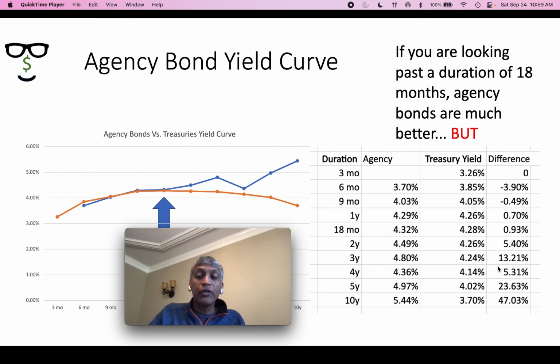And the inversion shows how agency bonds and their advantage go from a 13% difference to only a 5% because of the inversion that happens. And so you may look at this and say, I know exactly what to do. I should buy every agency bond with a duration of 18 months or greater that I can get my hands on. Kumbaya. Life is not that simple. I'm going to leave this episode on that note and pick it up while I'm hoping you're at the edge of the seat wondering why that is not the case.